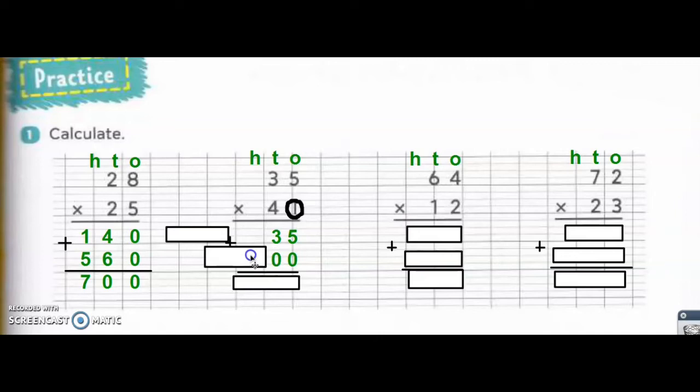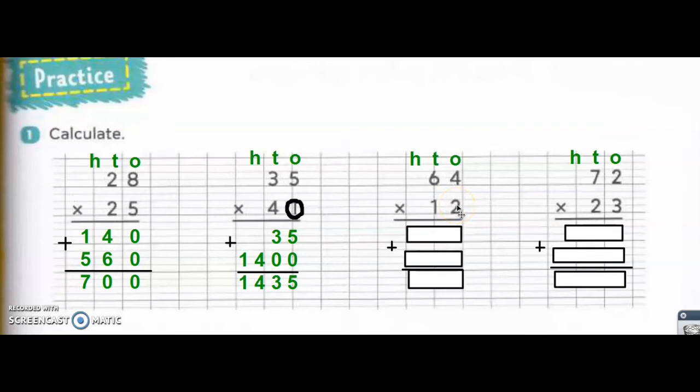I write down 0 and I carry 2. 4 times 3, 12, plus 2, 14. Now I add the numbers. 5 plus 0, 5, 3 plus 0, 3. 4 doesn't have anything to add with, so it stays 4, and 1 also stays 1. So my answer is 1435.